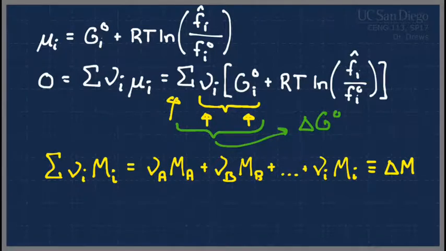And then I'm going to rearrange that a little bit. I'm going to have the delta G circle on one side, and this RT ln of F on the other side, so that instead of having something equal to 0, I'll have something on the left equal to something on the right. If I rearrange both of those, I get this.